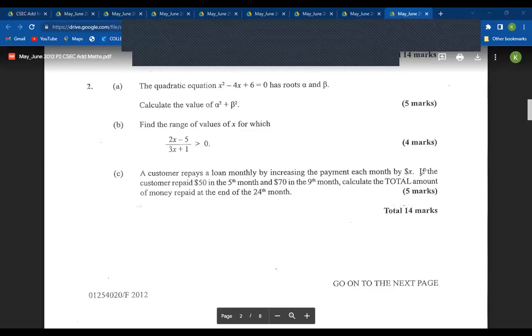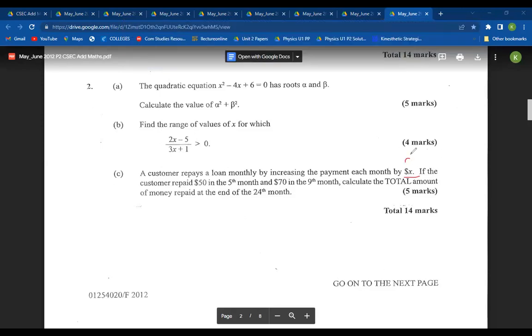So this X dollars would be D. If the customer repaid $50 in the 5th month, meaning this 50 is T5, and $70 in the 9th month, meaning this 70 is T9, calculate the total amount of money paid at the end of the 24th month. When you see the word total, that implies you're using S of N. Total, S of N. Go for that formula.